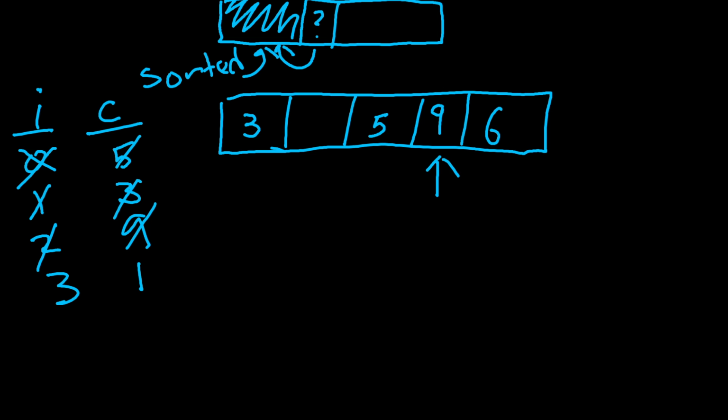Now our empty spot's over here. Now we compare 1 versus 3. 1's still smaller, so we put 3 here. And make this our empty spot. Now we're at the front of the array. So there's nowhere left to go, so that's where 1 must go. Ta-da! Now that concludes that round of iteration.